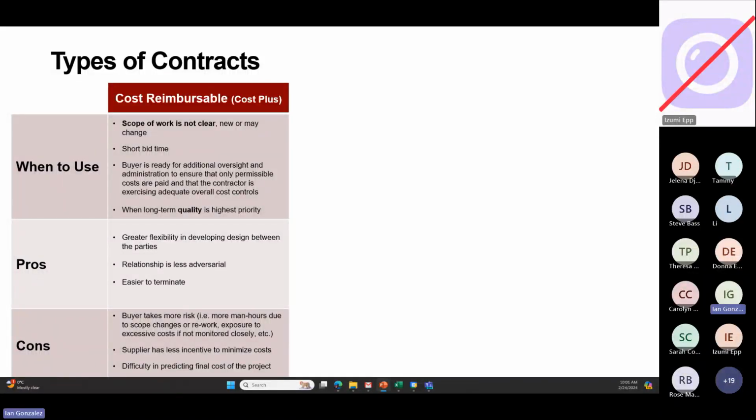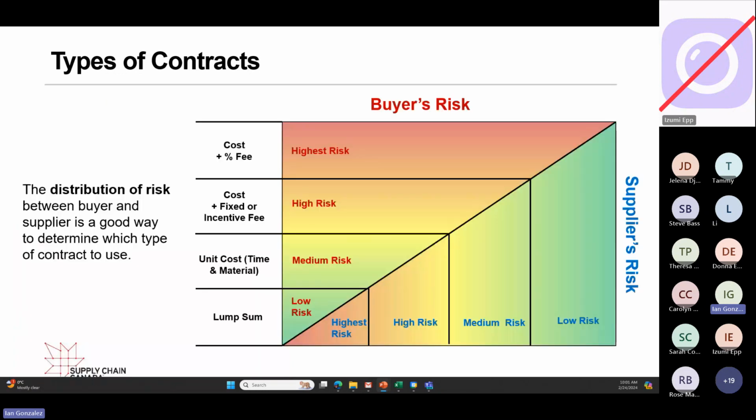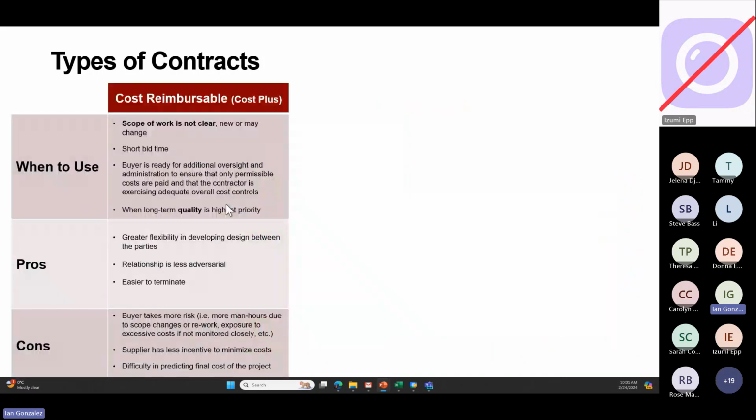The cons is the buyer takes more risk. As I've shown you in that diagram, cost reimbursable is very high risk for you, the company, not because it's susceptible to change and you pay for every change, but more because there's a lot of due diligence you have to put in, the extra hours. The supplier has less incentive to minimize costs, so innovation might not happen.